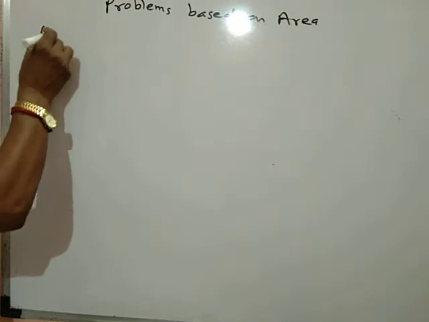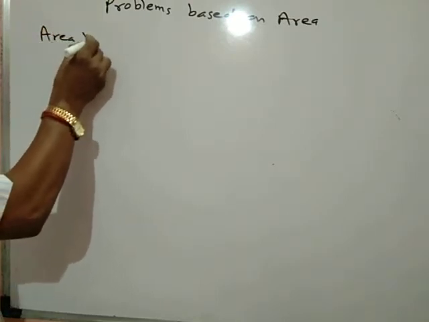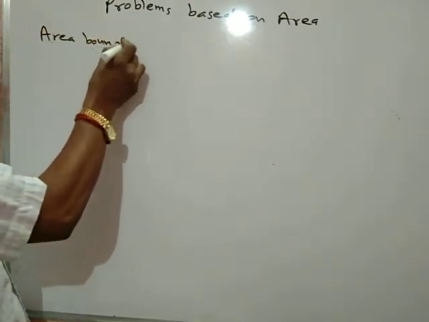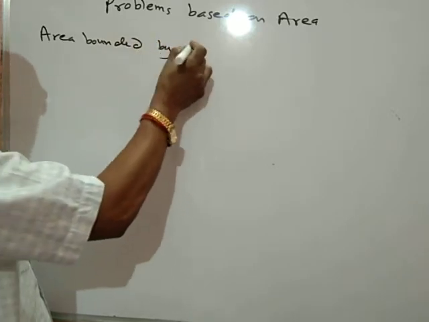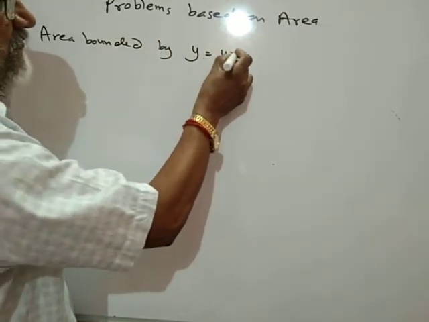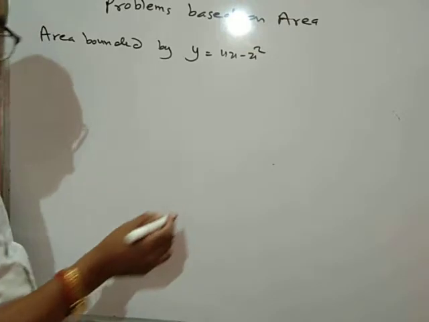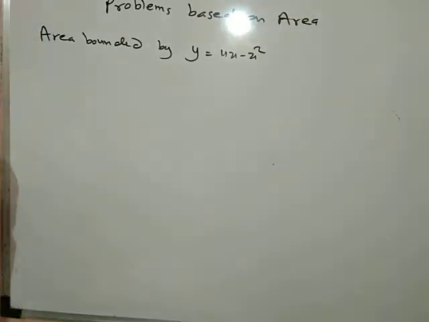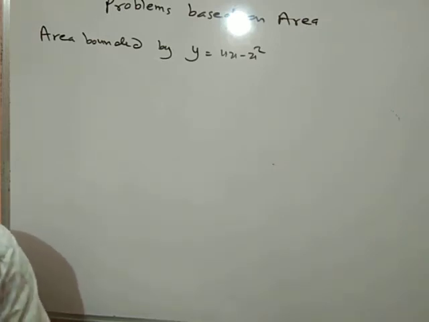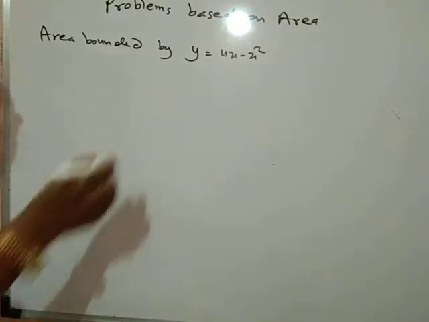So, area bounded by y is equal to 4x minus x square and the x-axis.